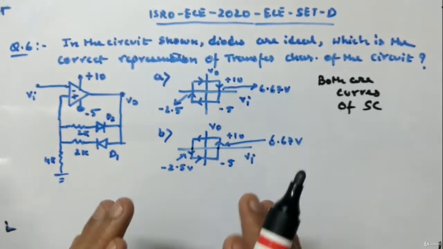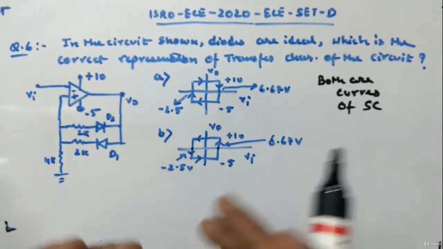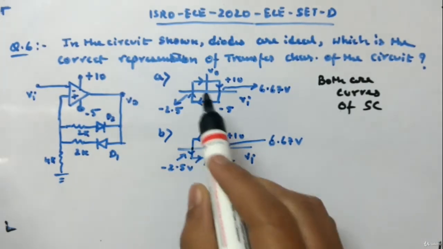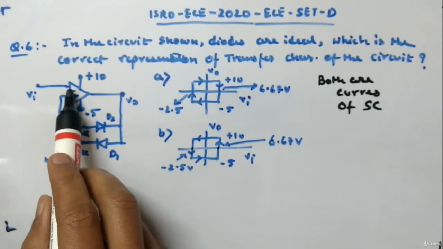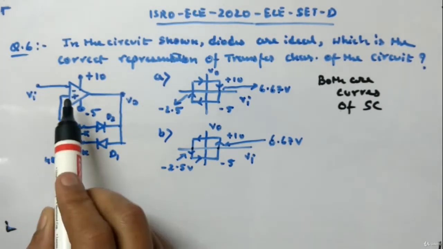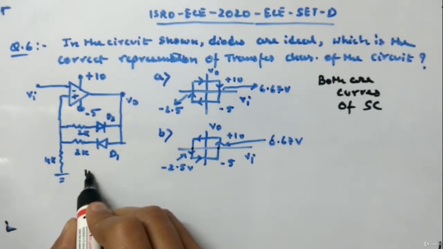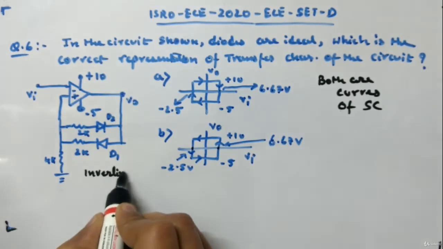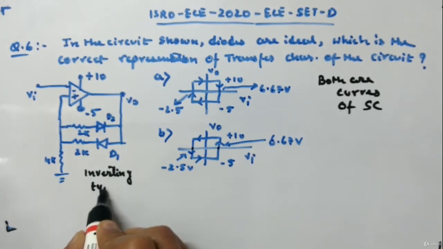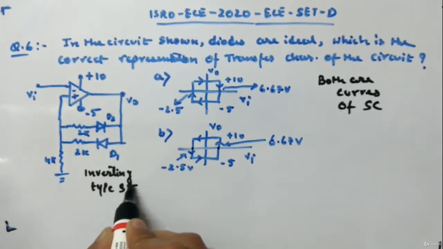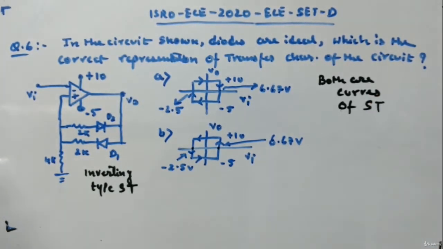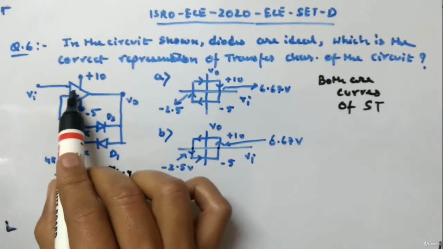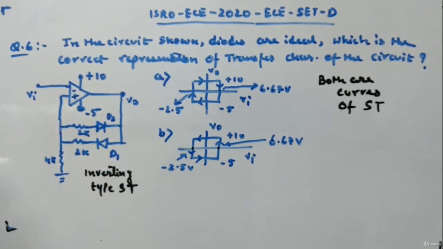It depends where you are applying the input, and depending upon that this direction will change. Since Vi is applied to the negative terminal, it is an inverting Schmitt trigger circuit, because at the inverting terminal we are applying Vi.